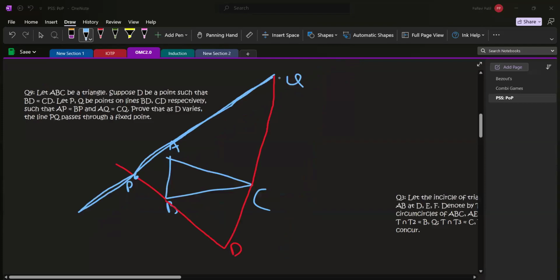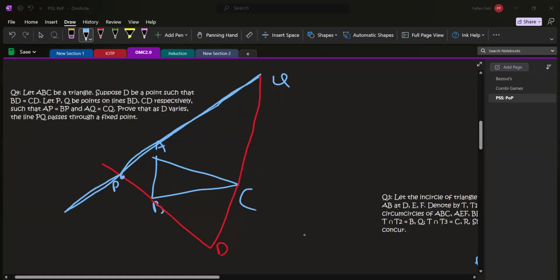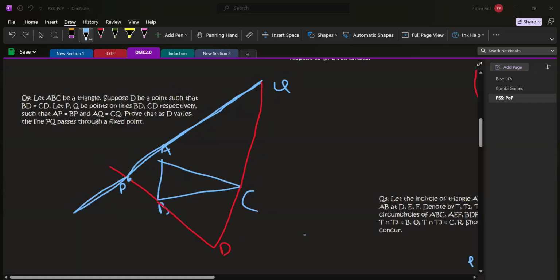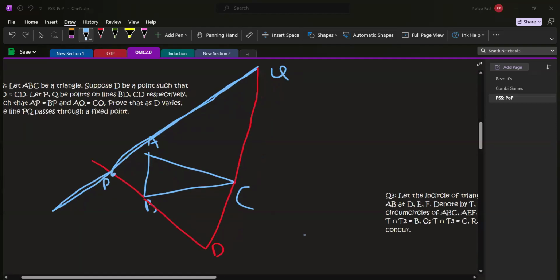Have you guys had a chance to try this problem yet, since it was given as a problem in the last session? Yeah, but I didn't get the answer, just observations. Interesting. What are the observations you got? The circumcenter is the radical center.